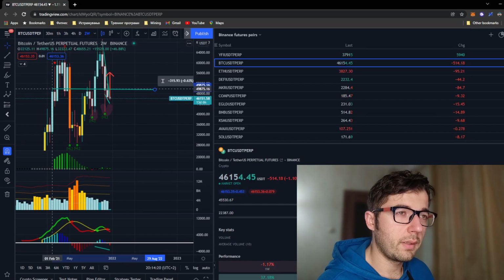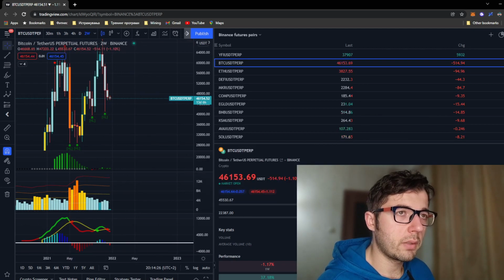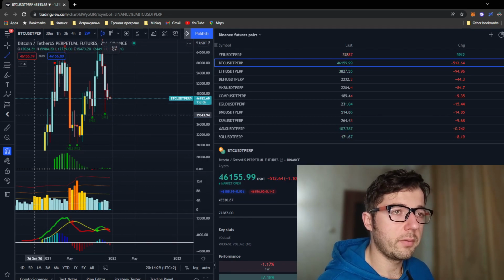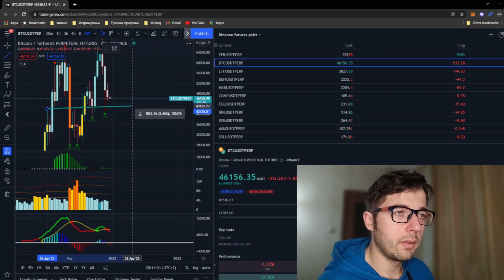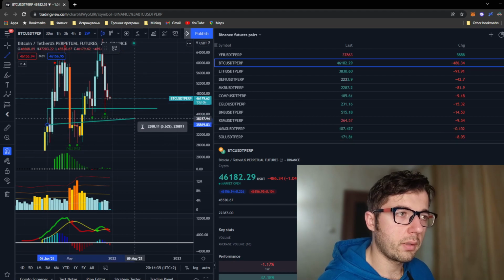So everything is bearish right now and the dollar is pumping. Let's see what will be the next 2 weeks. Your support line is 42k, then your next support line is 36k.